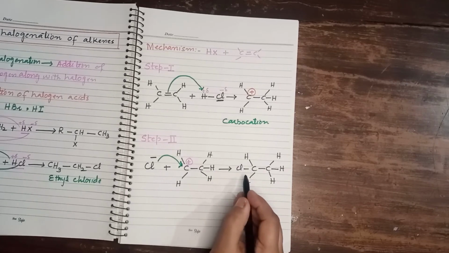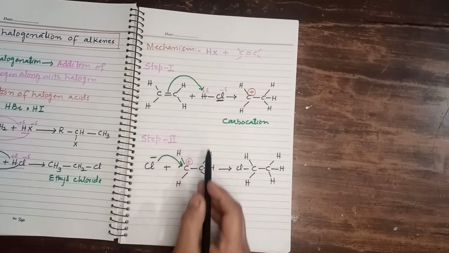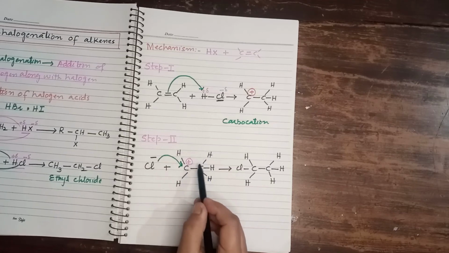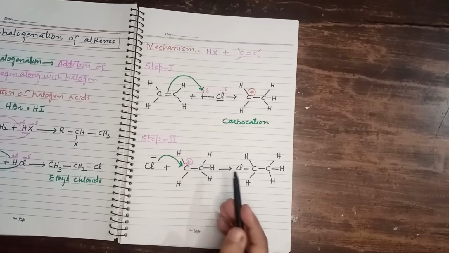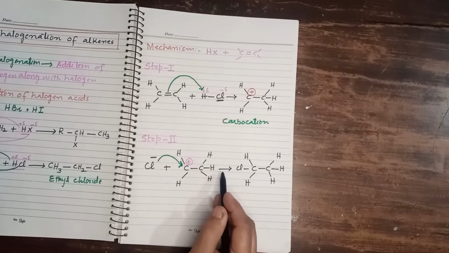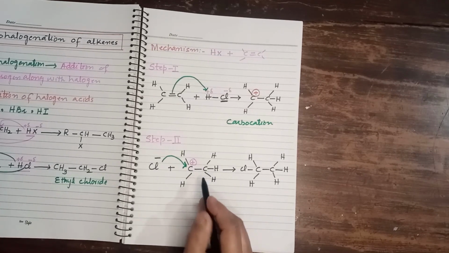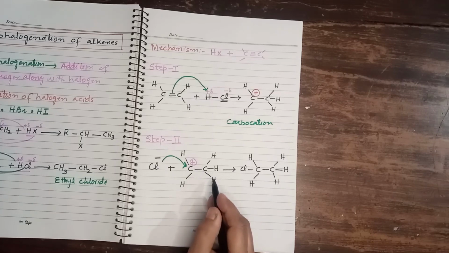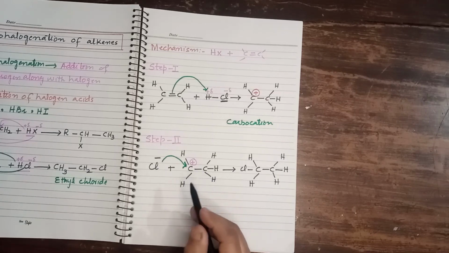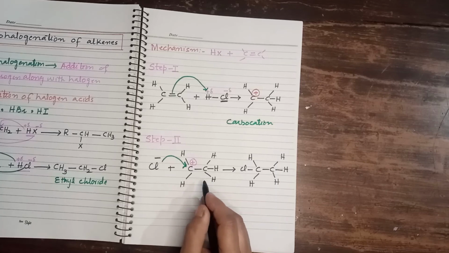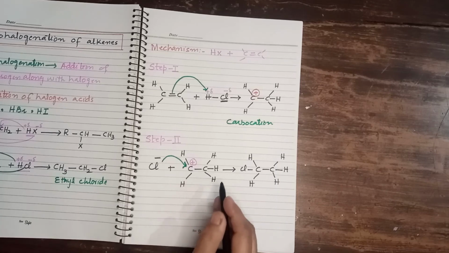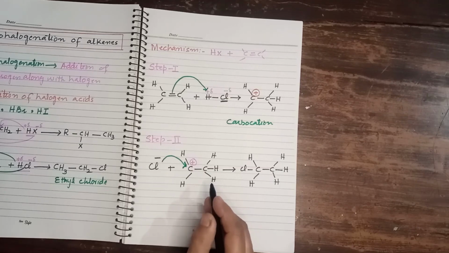So in this way, halogen acids are added to an alkene molecule. Addition of an unsymmetrical adding reagent to an unsymmetrical alkene takes place according to a rule that is known as Markovnikov's rule.